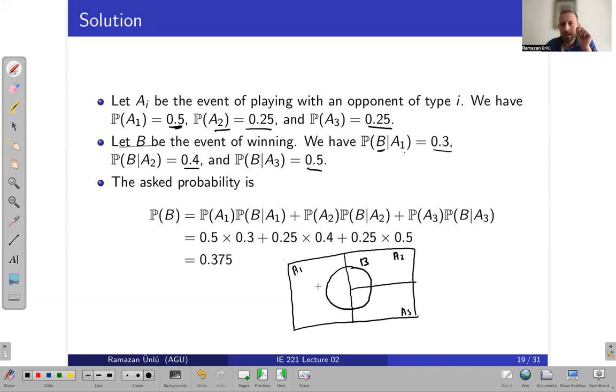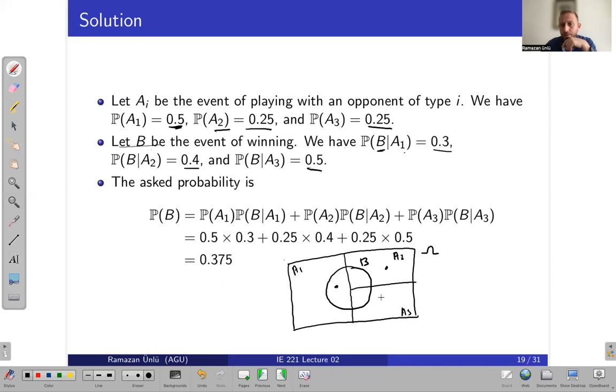So there are some points in this omega. If I choose an opponent from this part, for example, it will be from type 2, and I will not win. If I choose from this one, it will be from type 1, and I will win.